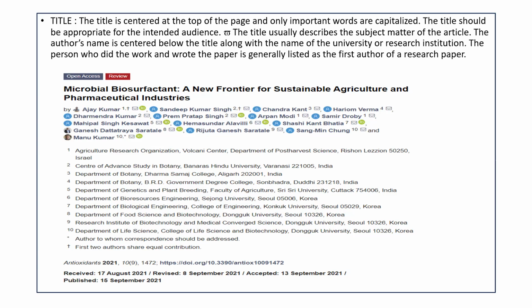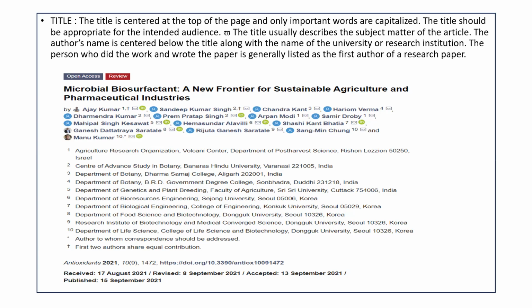So many times you have to write the names of the authors at the end, right? If you want to add someone's name into your article, it is mandatory that you take permission from that scientist.